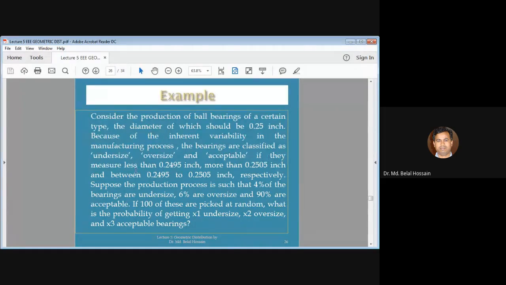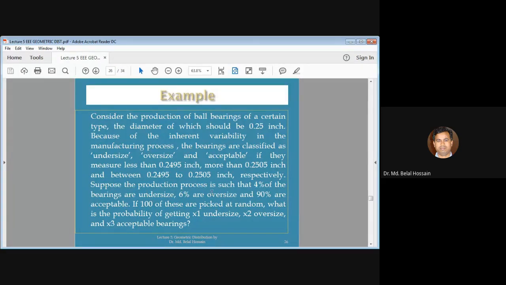If they measure less than 0.2495 inch, they will be termed undersized. More than 0.2505 inch, they will be called oversized, and they will be called acceptable if they lie between 0.2495 and 0.2505. So we have three possible outcomes: undersized, oversized, and acceptable.